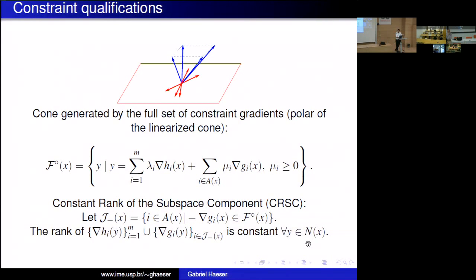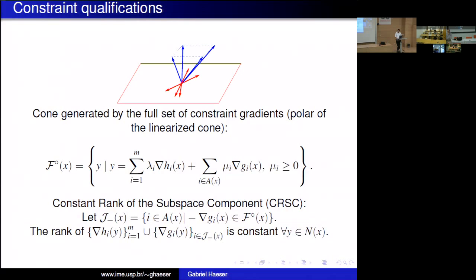So the idea is that when we move this point X to some neighboring point Y, the subspace part does not change dimension. The subspace part only tilts a little bit, and the conic part moves accordingly.